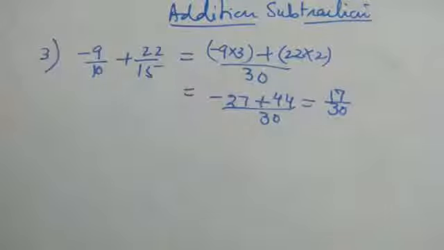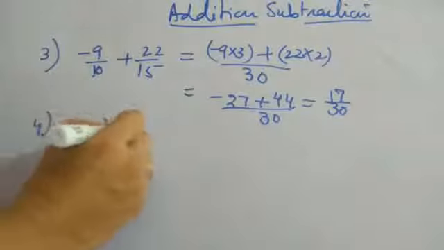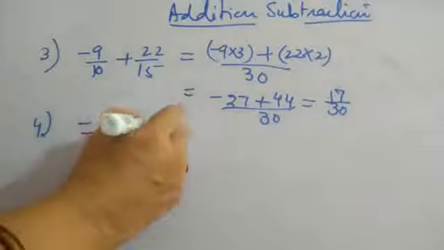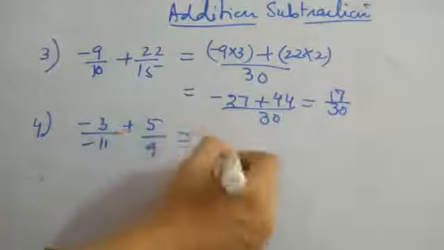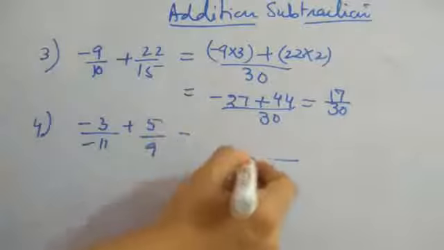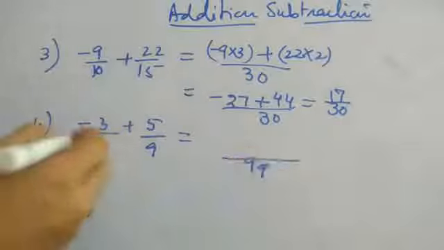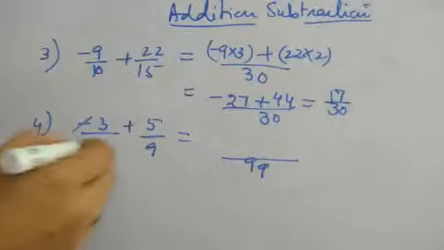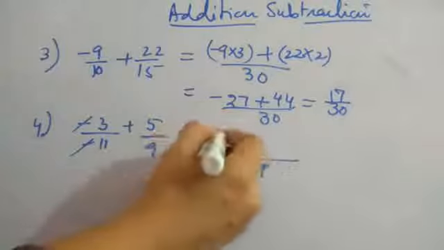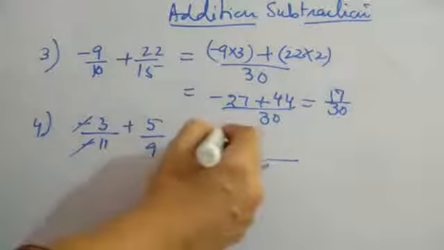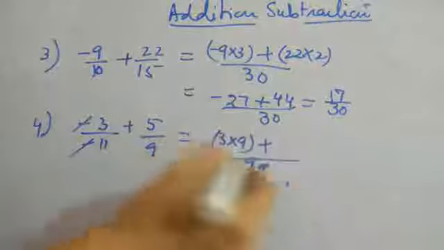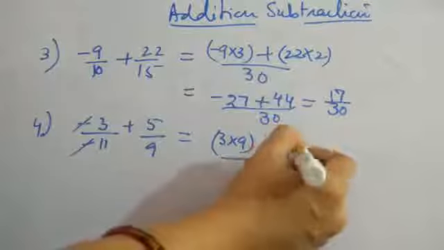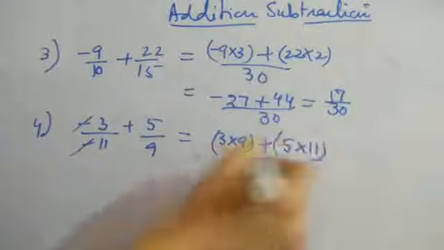Okay, the next example. Minus 3 upon minus 11 plus 5 upon 9. The LCM of 11 and 9 is 99. And you can see both have the minus sign, so they will cancel. Okay, now 11 9s is 99, so we will multiply 3 by 9, plus 9 11s is 99, so we will multiply 5 by 11.